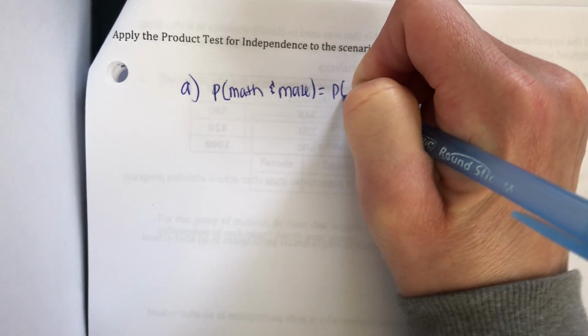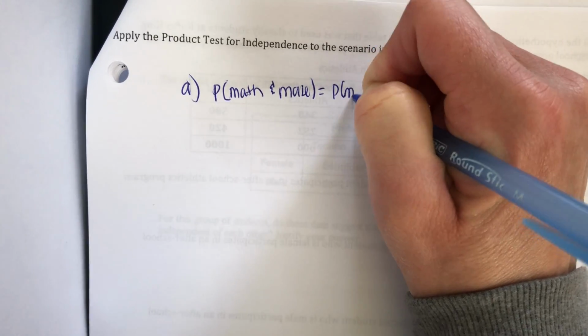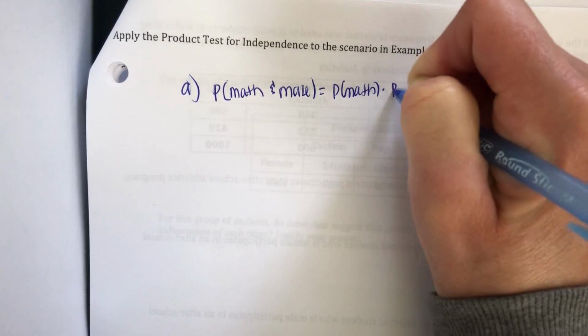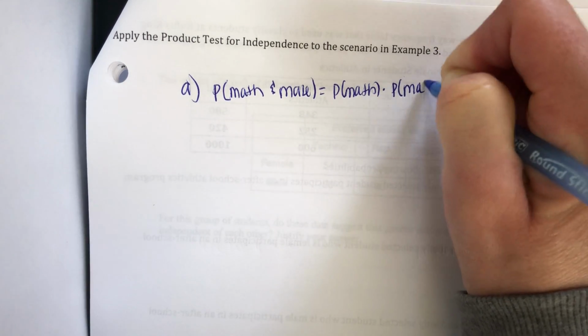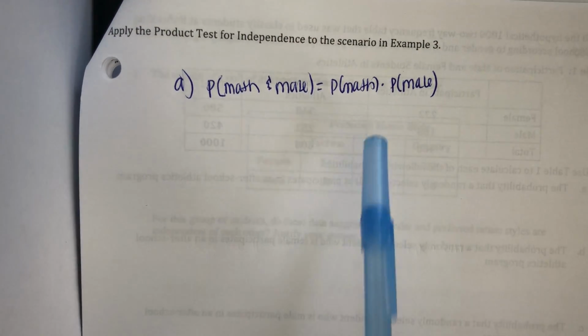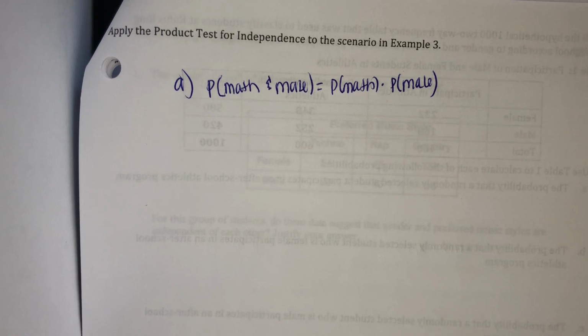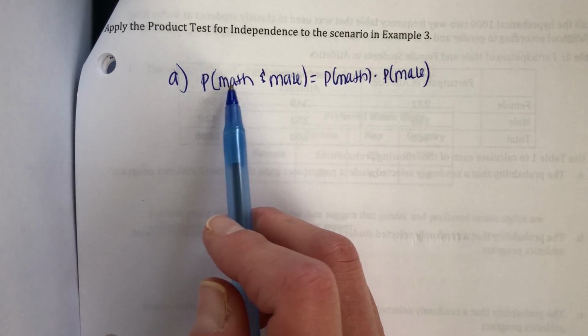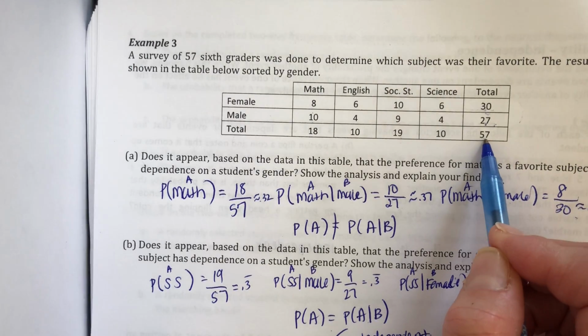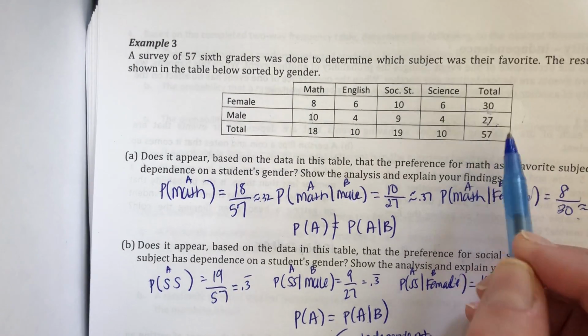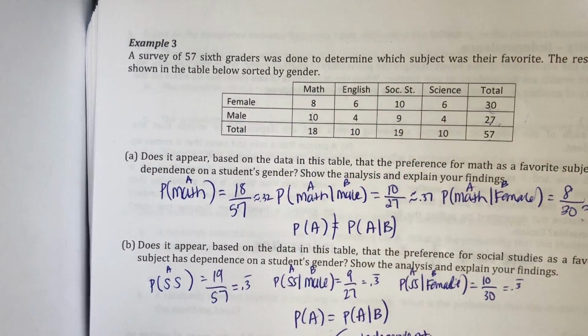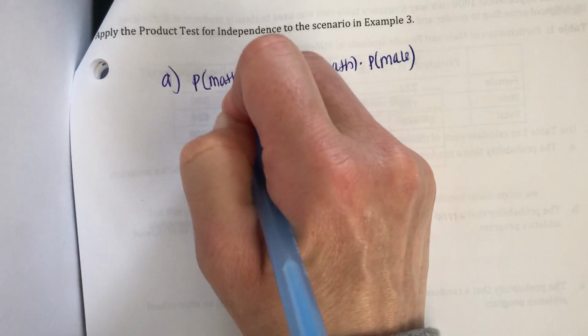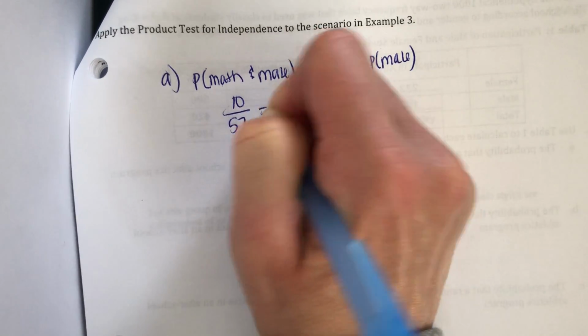If they're independent, it should be equal to the probability of liking math times the probability of being a male. Now this is not conditional probability anymore, so again, don't confuse conditional probability with what this is. So out of the whole chart on the previous page, how many people like math and are male? Out of all 57 people, how many like math and are male? 10. So this is 10 out of 57.